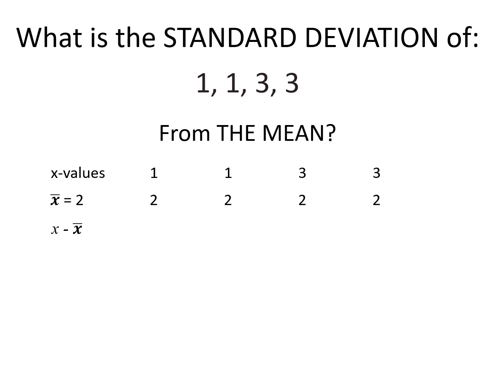I'm simply going to do each data point x minus x bar. So for the first one, I'm going to do 1 minus 2, which gives me minus 1. 1 minus 2, minus 1, 3 minus 2, and 3 minus 2. When I add together all my deviations, I get 0, which really isn't very helpful. So what I do is I make all the negative ones positive by squaring everything. And when I square all those numbers, I get a bunch of 1s.